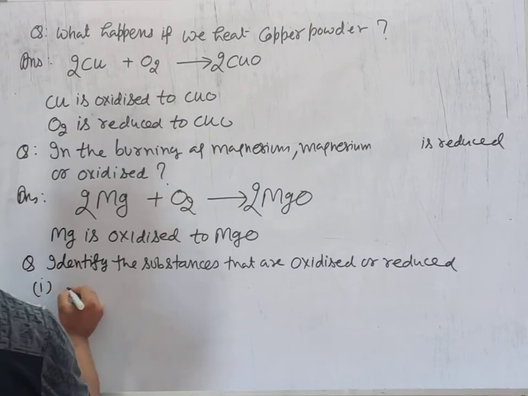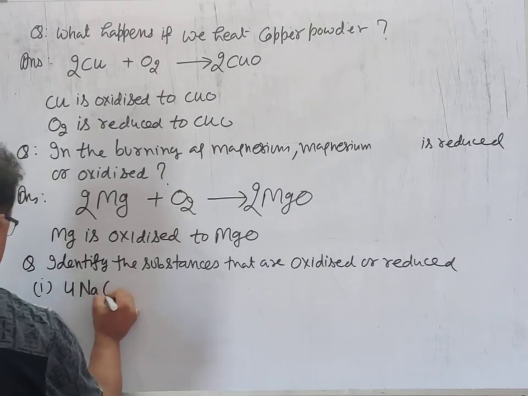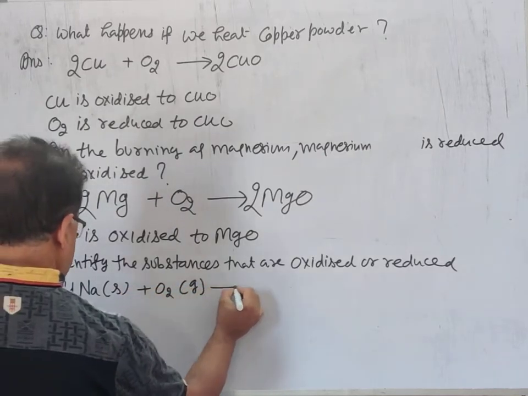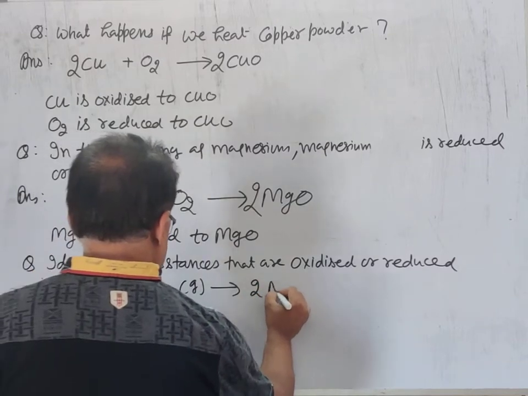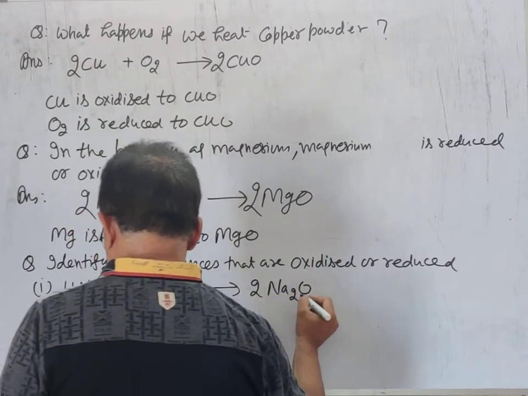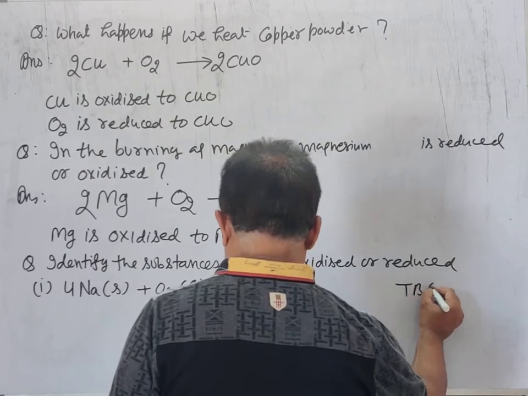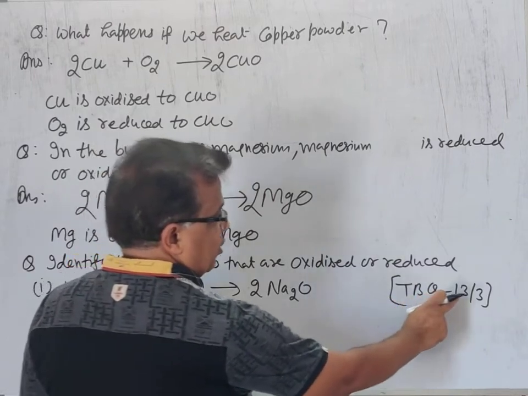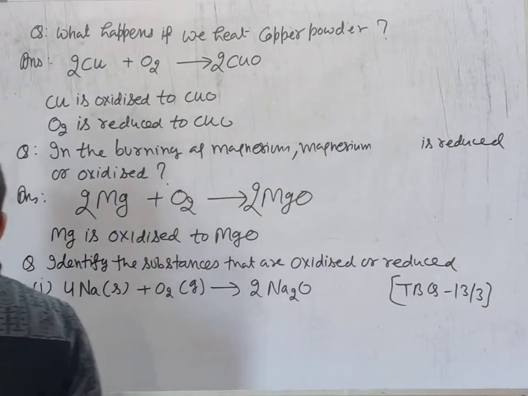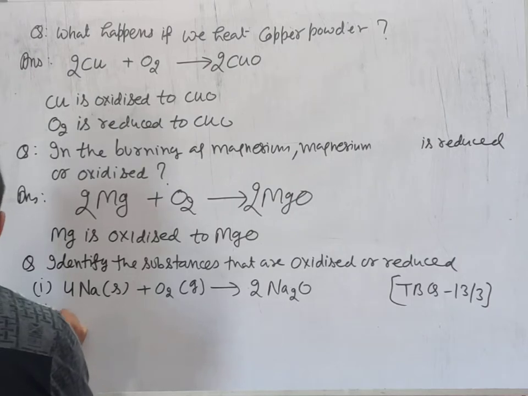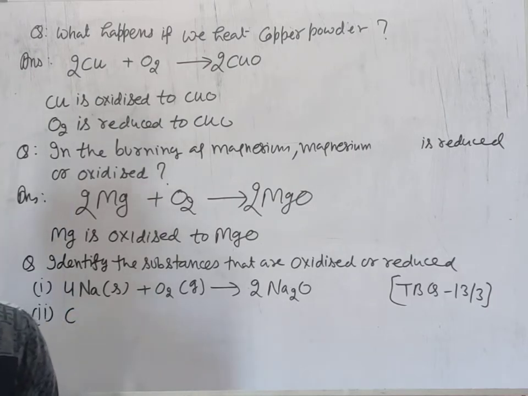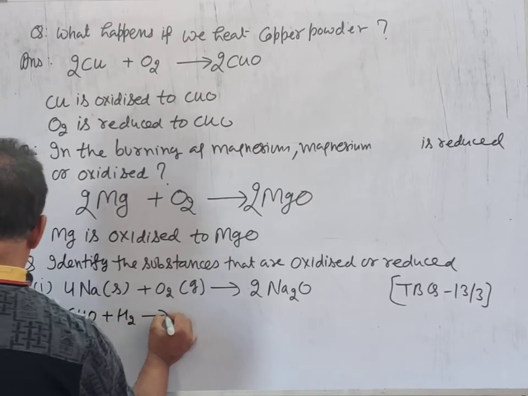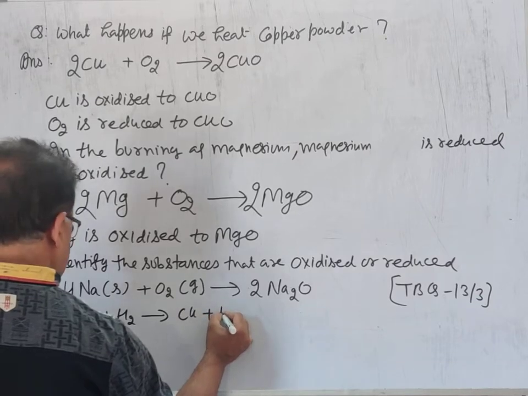Number 1, 4Na, which is a solid, plus O2, which is a gas, gives 2Na2O. And this whole question is a textbook question, NCERT page number 13, question number 3. And the second part is CuO plus H2 gives Cu plus H2O.